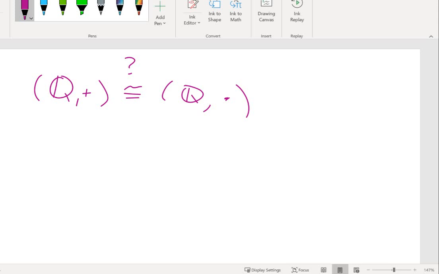So are the rational numbers under addition isomorphic to the rational numbers under multiplication?